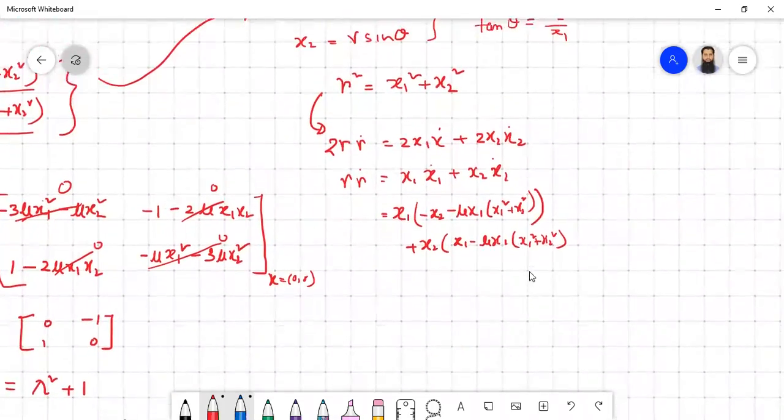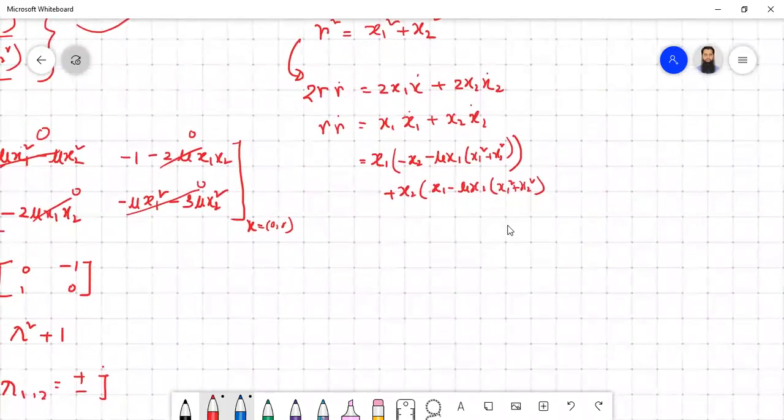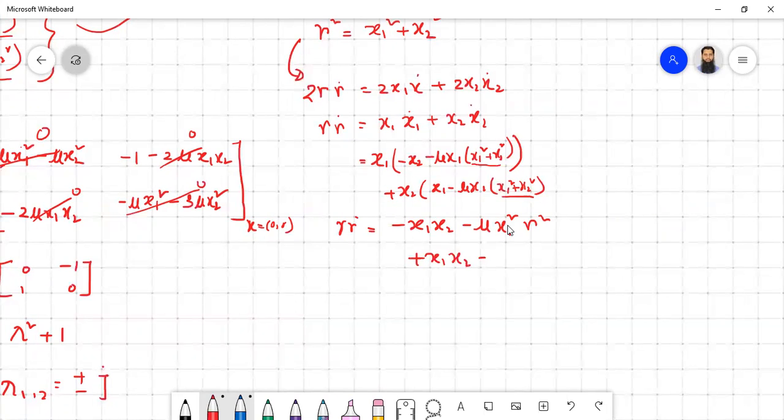Let us simplify this a bit, and we know that x1 square plus x2 square is nothing but r square. So r r dot equal to minus x1 x2 minus mu x1 square r square, then we have plus x1 x2 minus mu x2 square r square.